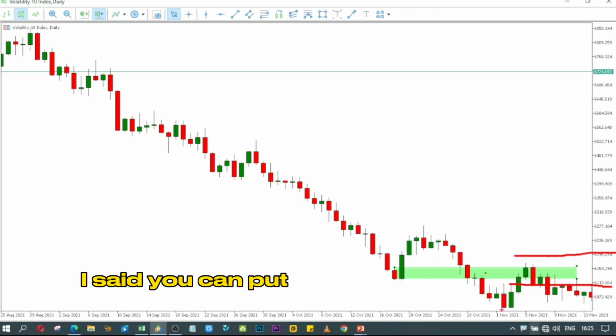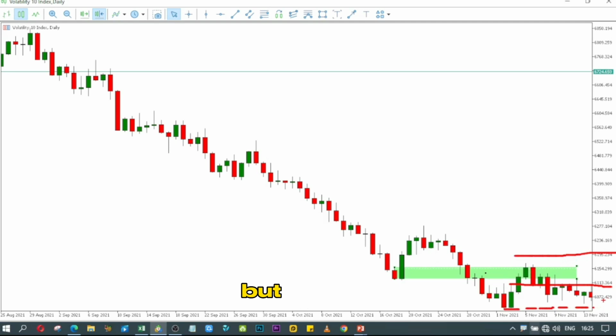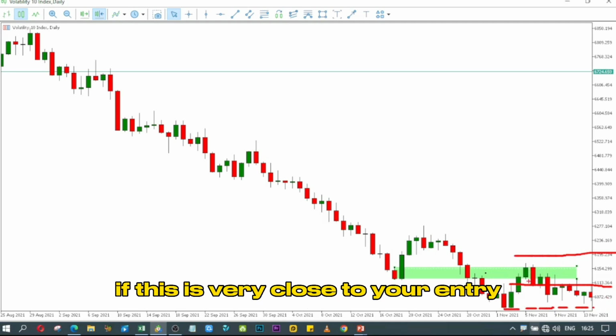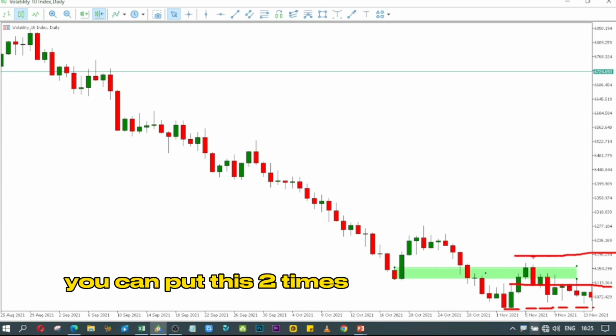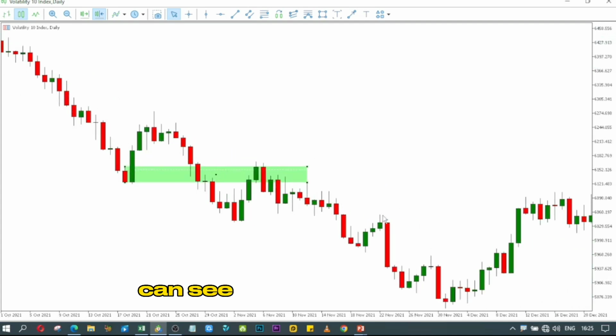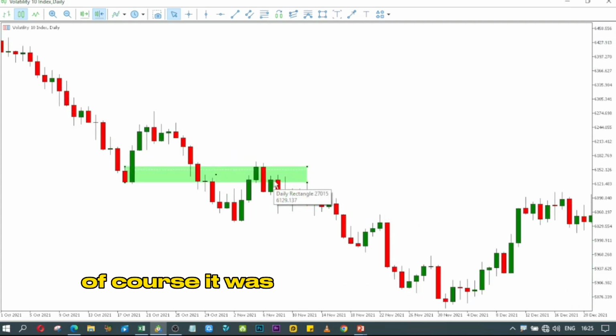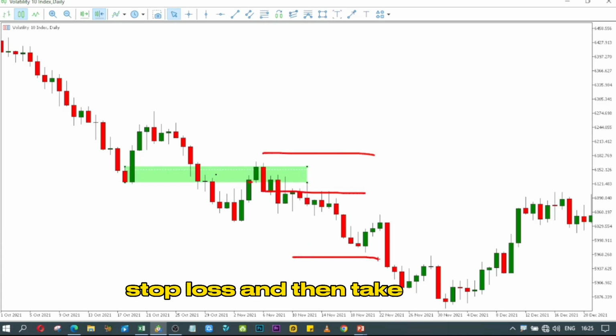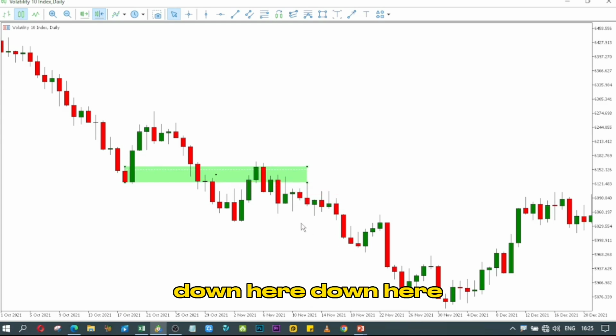I said you can put it below at this point, right? But if this is very close to your entry, you can put that 2 times the risk that you have. In this case here, you can see these are examples. Of course, it was a winning trade right here. So you sell here, stop loss, and then take profits down here, right?